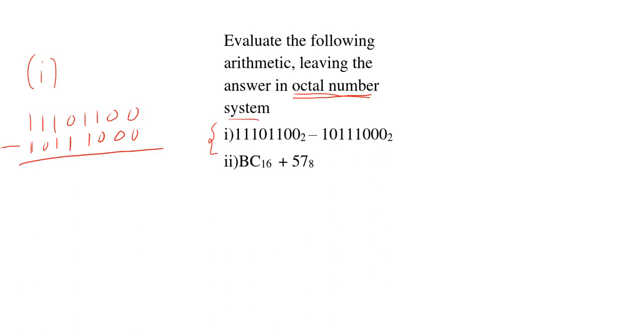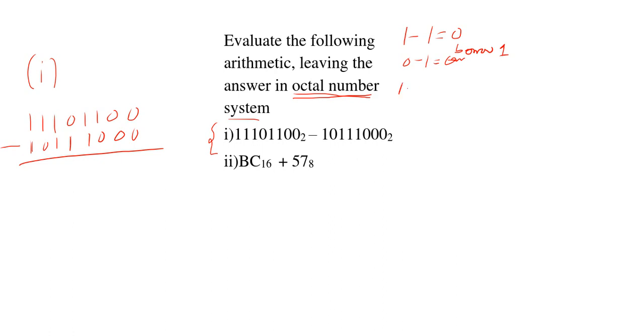And you have to know the rules of every arithmetic, be it addition, subtraction, multiplication, or division. So for binary subtraction, we normally say 1 minus 1 is 0. 0 minus 1, this is impossible, so we have to borrow. We borrow a 1 from the next column.